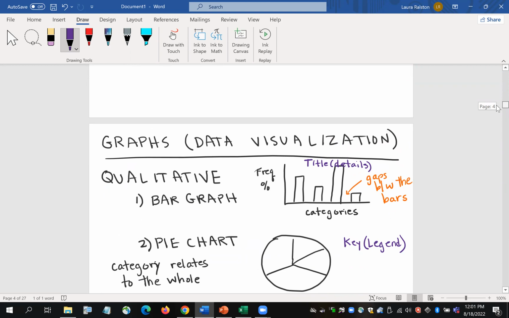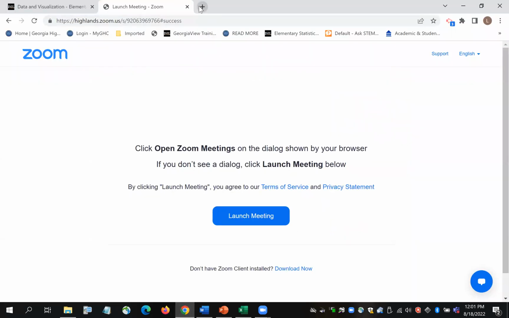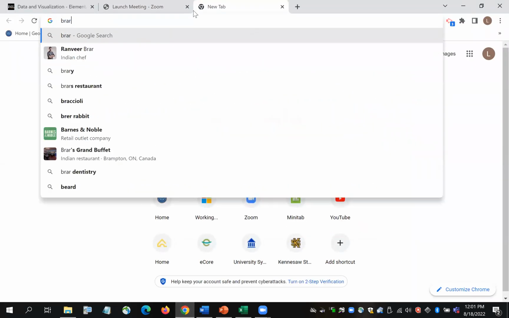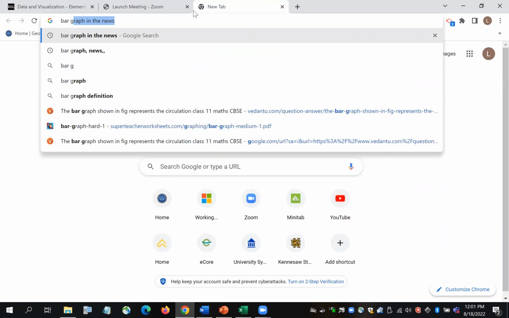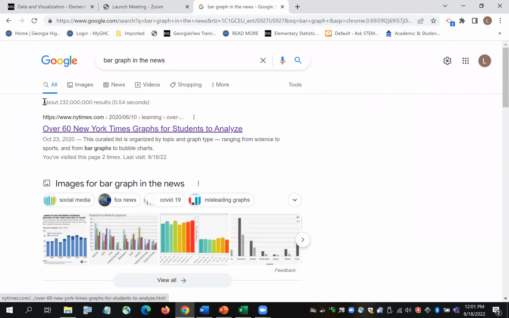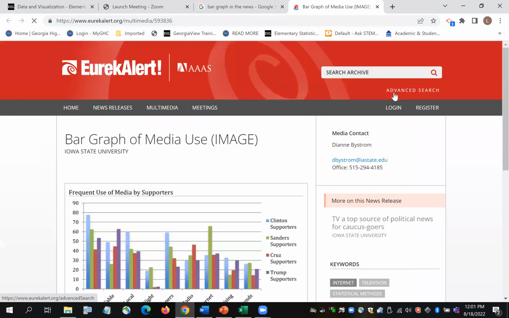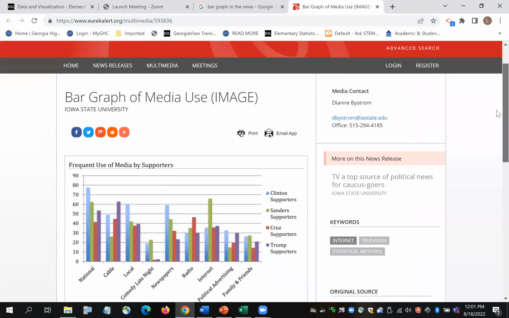Now, those are not the only two types of graphs that we can use with qualitative data, but that's our focus. You'll sometimes see bar graphs where you have multiple bars, if you want to compare different groups, sort of like we were comparing those different ethnicities.